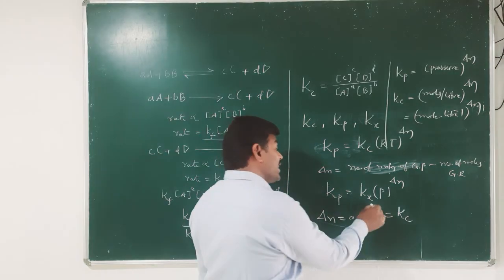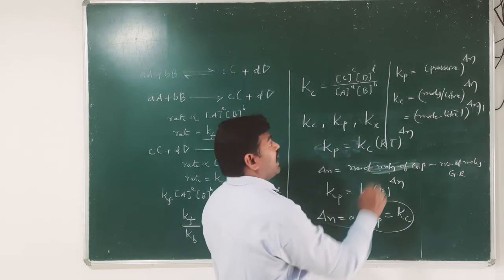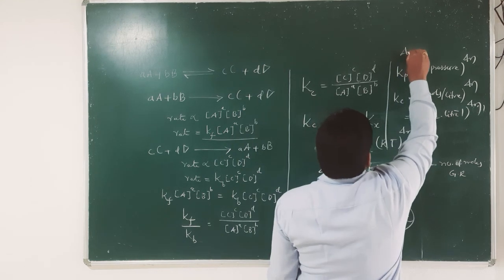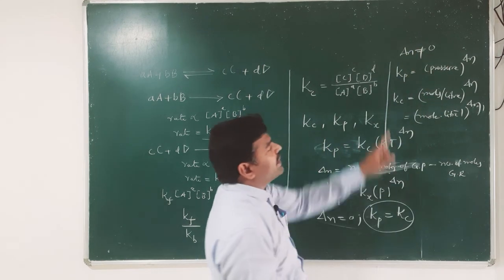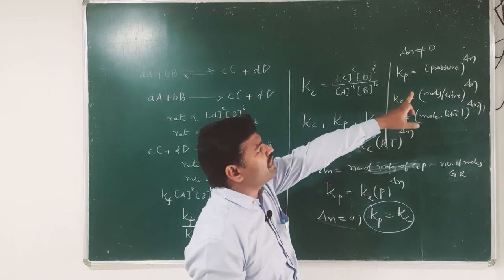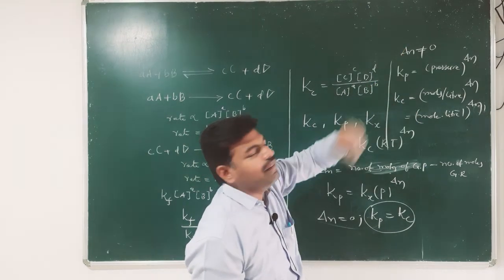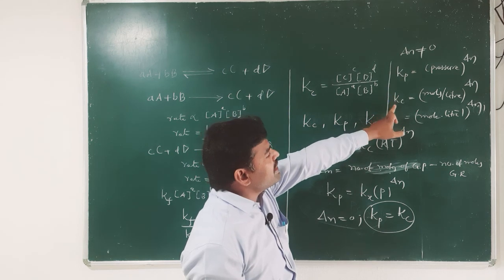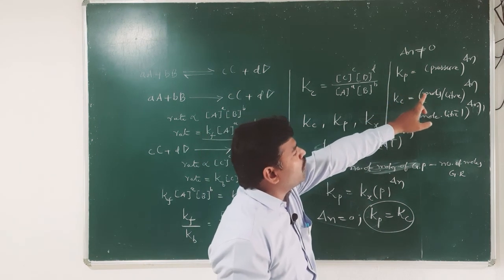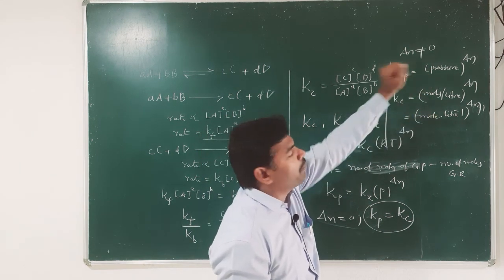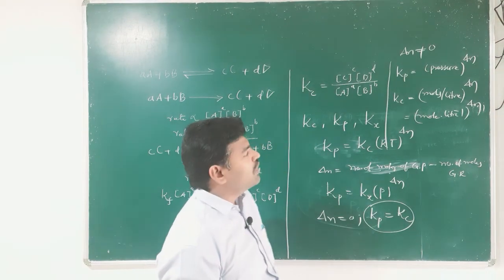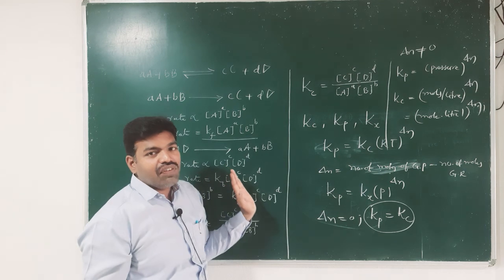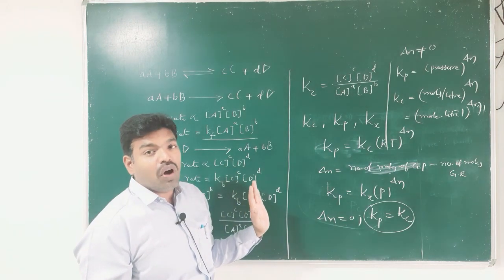If delta n is not equal to 0, then Kp has pressure units power delta n, and Kc has molar concentration units power delta n, right. So, this is about equilibrium and the equilibrium constant.